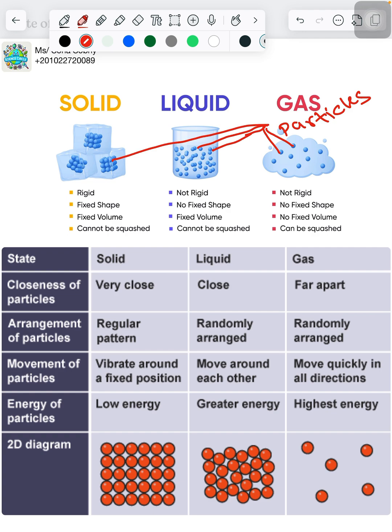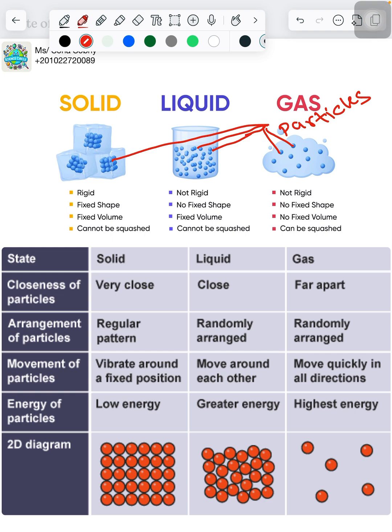So, ice, water, and steam are substances made from very small particles. And those particles behave in a certain way to give each state its own unique properties. Let's start with solids.